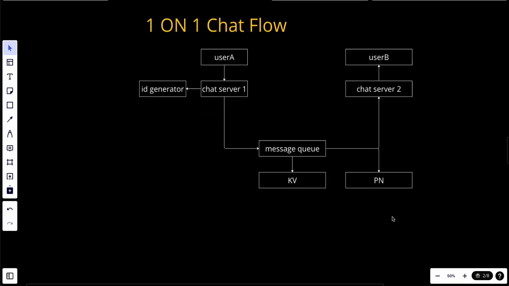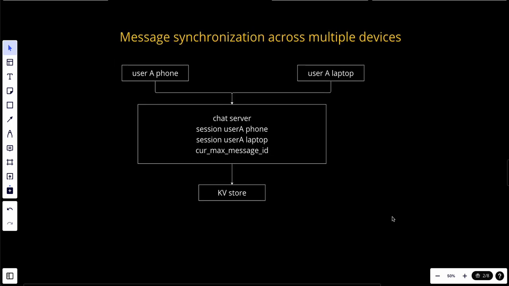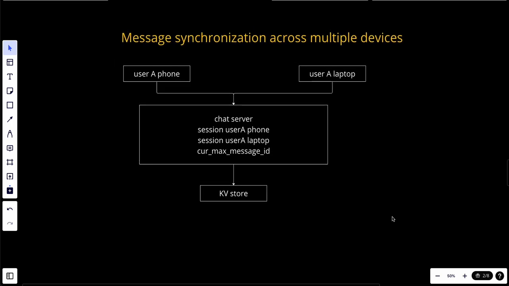And after that, we talked about message synchronization across multiple devices, as many users have multiple devices. We will explain how to sync messages across multiple devices. As you can see here, user A has two devices, a phone and a laptop. When user A logs into the chat app with the phone, it establishes a WebSocket connection with chat server 1.